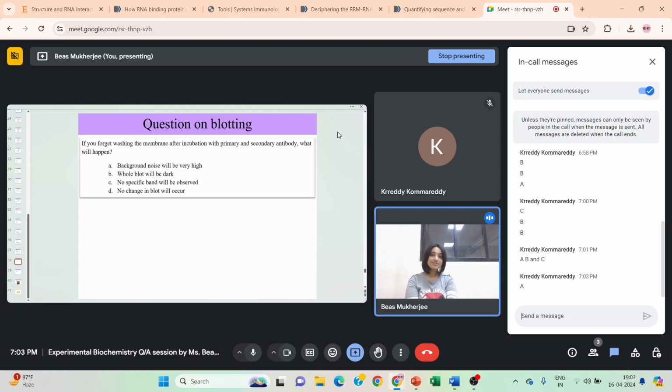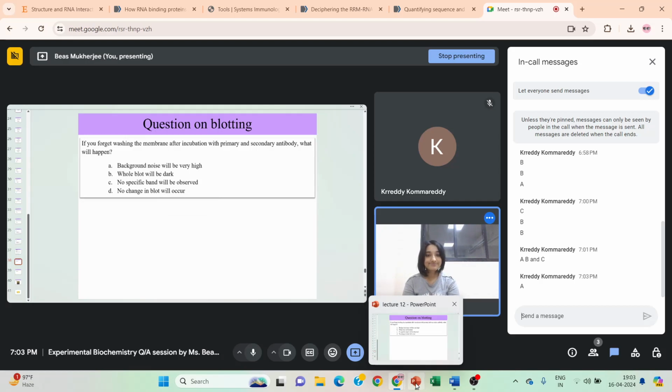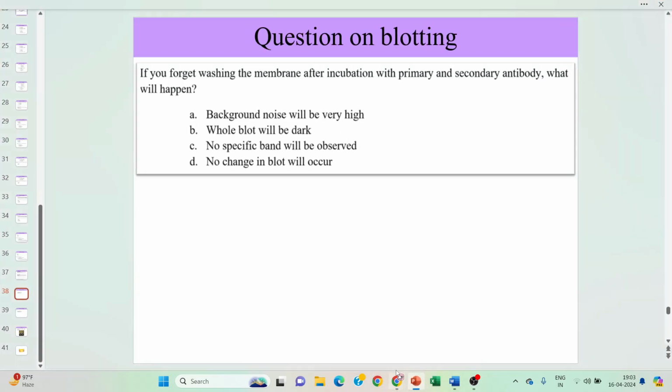A, background noise will be very high. Okay, let's see what is going to happen. Okay, A, B and C, everything is going to happen. Your background noise is going to be very high. The whole blot will be dark. Okay, and no specific band will be observed.